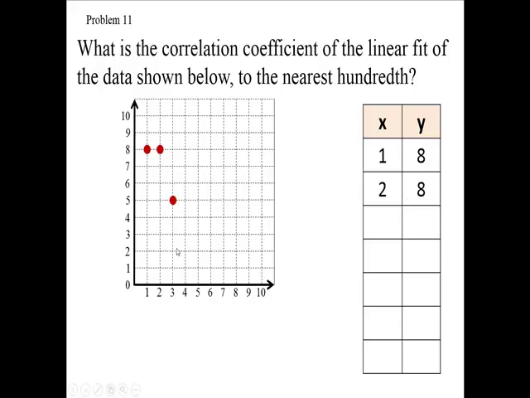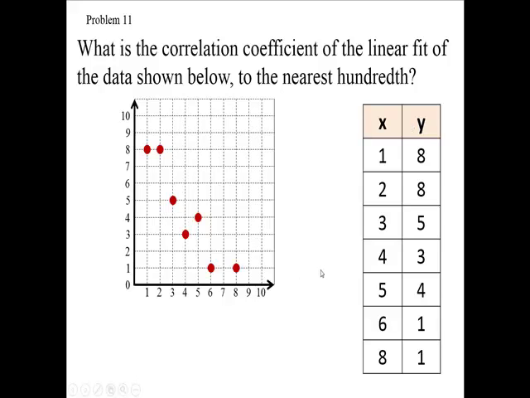This is 3, and you only go up 5. (3, 5). 4, you're only up at 3. 4 to the right, only up 3. (4, 3). 5, you're at 4. (5, 4). 6, what is this? How high is it? It's only up at 1, isn't it? (6, 1). And (8, 1). Now this is our graph, and these are my x, y coordinates for these points.